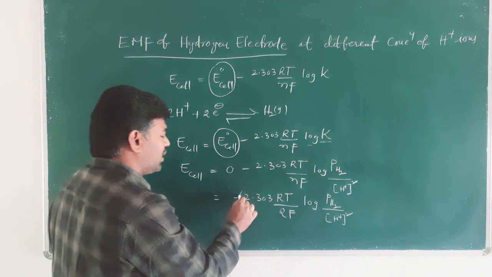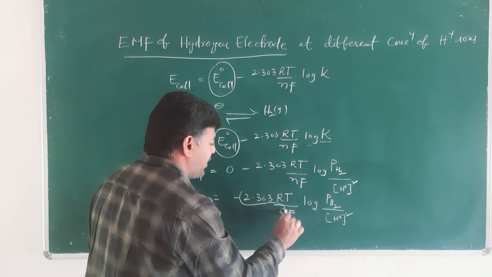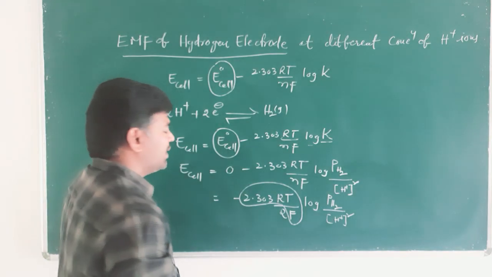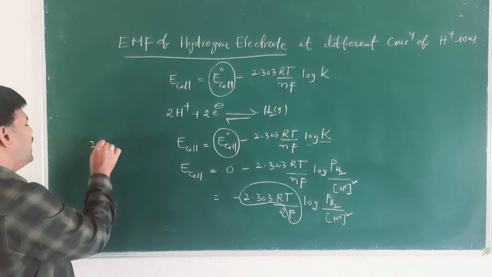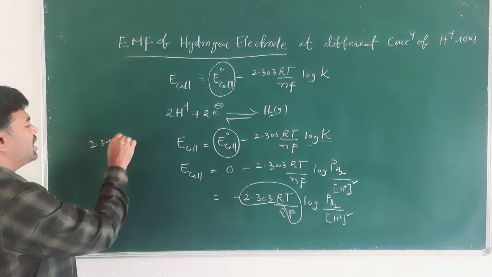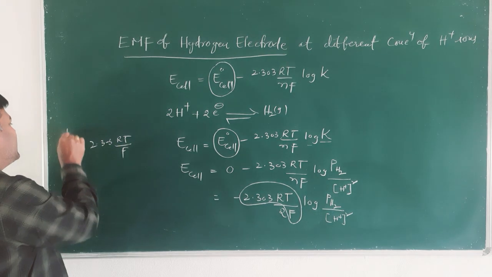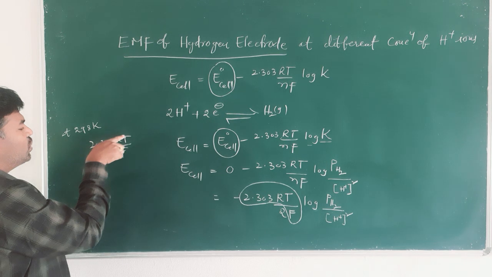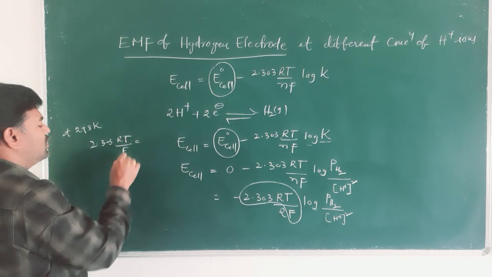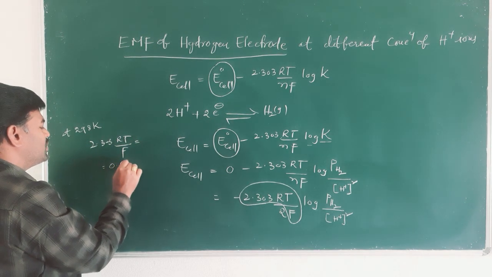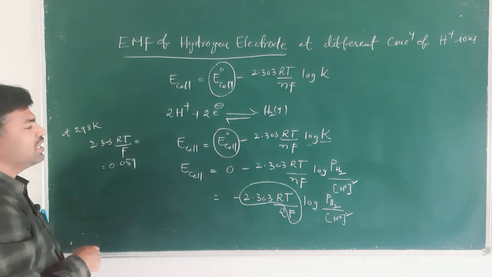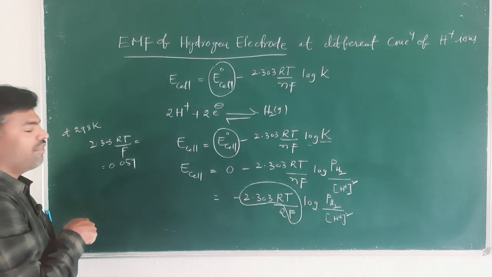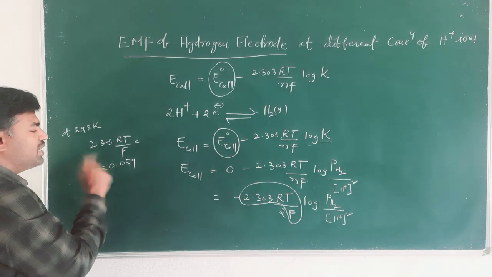So, we know that at 298 Kelvin, 2.303 RT by F comes out to be 0.059, by substituting the R value, T value and Faraday's constant, we can get the 0.059.